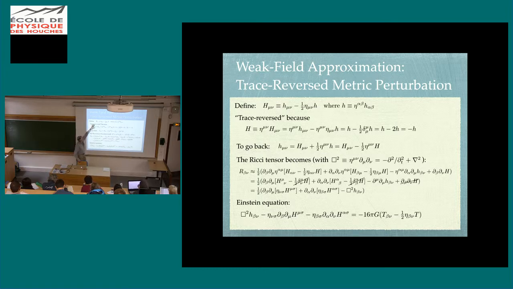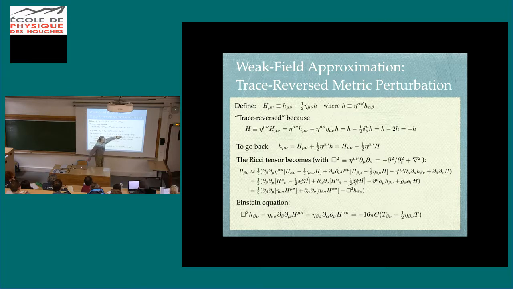And this is called the trace reversed perturbation, because if you actually calculate the trace of it, it turns out to be negative the trace of the original perturbation. So this is sort of the same perturbation, but with negative the trace. All right? And so you can go backwards. If you know the capital H's, you can go to the small h's. That's pretty straightforward. Then the Ricci tensor, and I'm going to define this. This is the D'Alembertian, box squared.